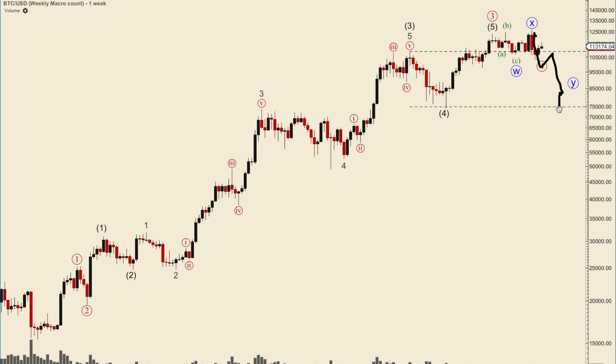It's only when we reach below this line we should start to consider that we are basically done with the bullish move.